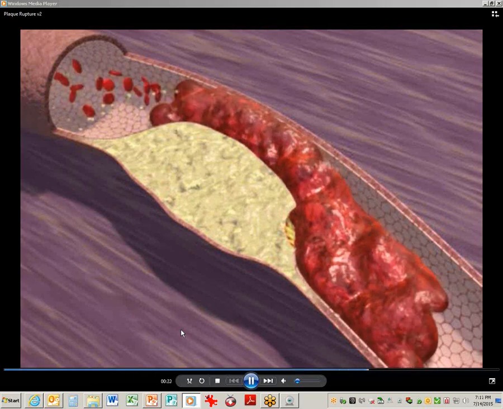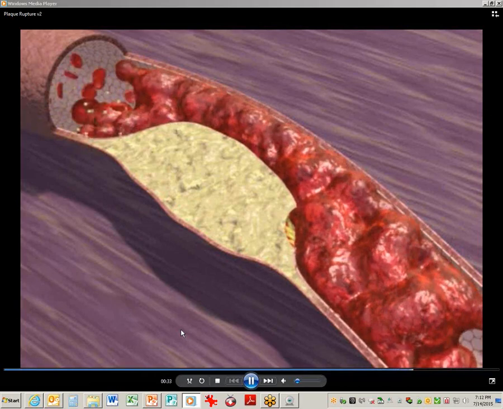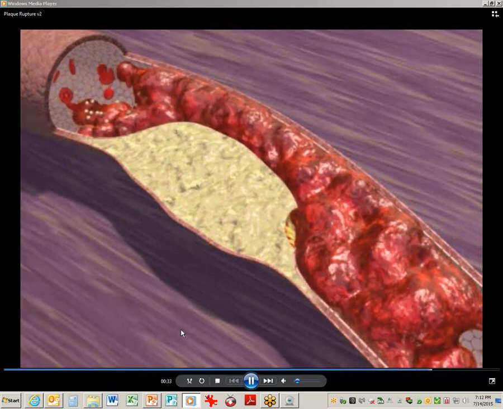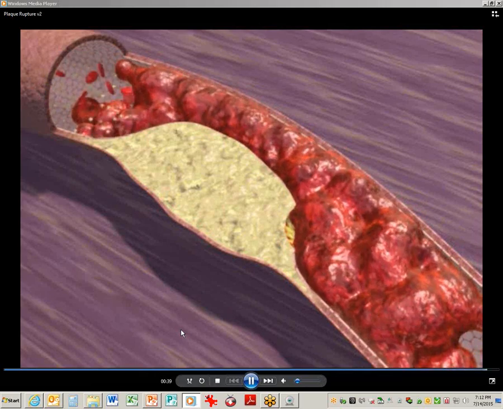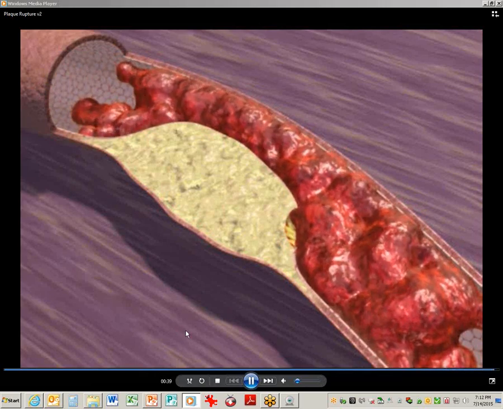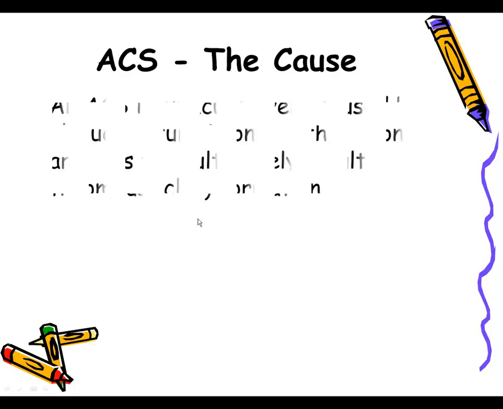Now, when we have a complete occlusion of the coronary artery with this clot, that's what causes a heart attack or a STEMI, an ST segment elevated myocardial infarction. And again, paramedics are able to see this when they look at their 12-lead ECG.